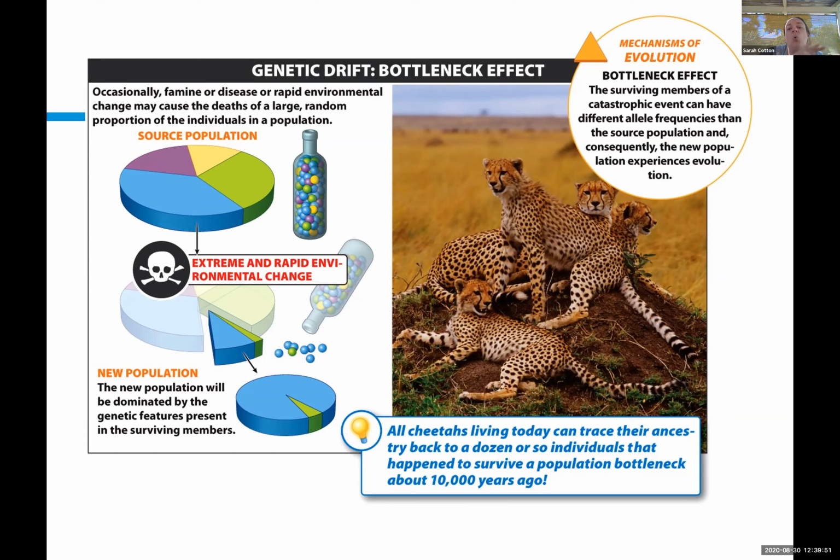The majority of the population was killed, once again due to extreme change. It wasn't that some individuals were more well adapted than others. It was pretty random. We went from this huge varied population to a really, really small population. We call that bottlenecking.